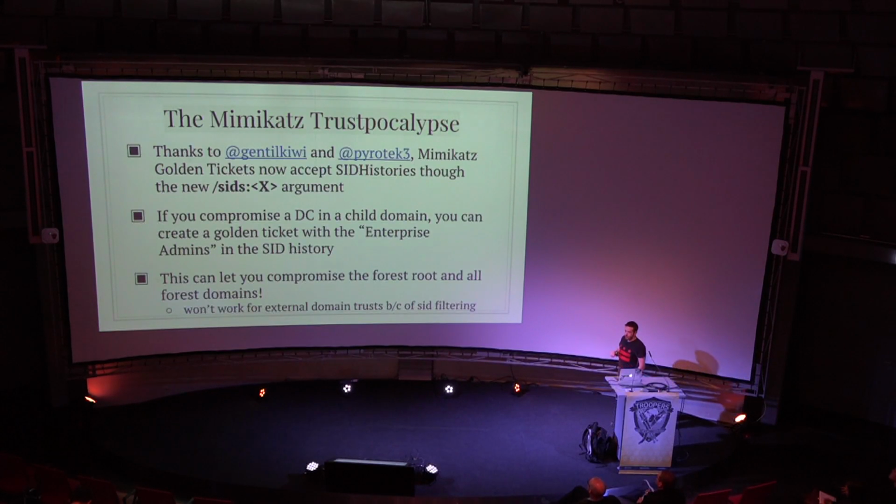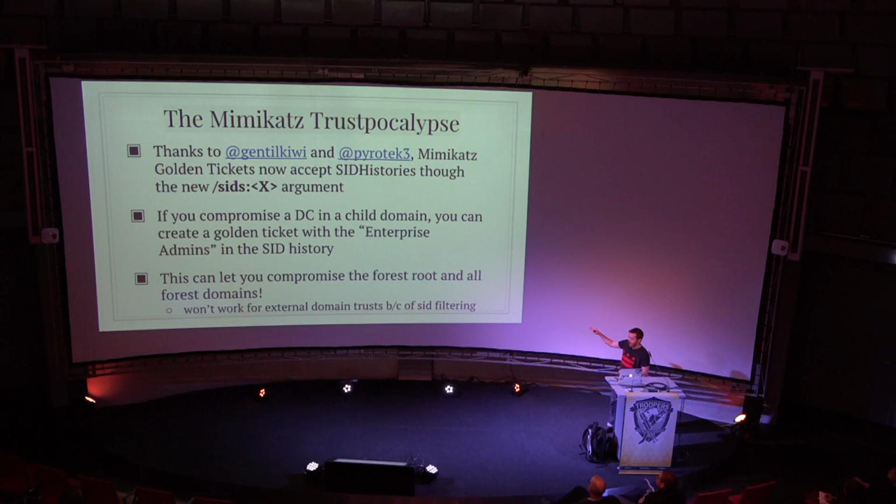Until Benjamin Delpy, Gentilkiwi, and Sean Metcalf got together last year and worked out that with golden tickets, you can set the SID history attribute in a golden ticket and then really easily hop up a trust. You just use the /sids argument for Mimikatz. So if you compromise a domain controller in a child domain, you can create a golden ticket that has the SID history set to Enterprise Admins, and you can compromise the entire forest.